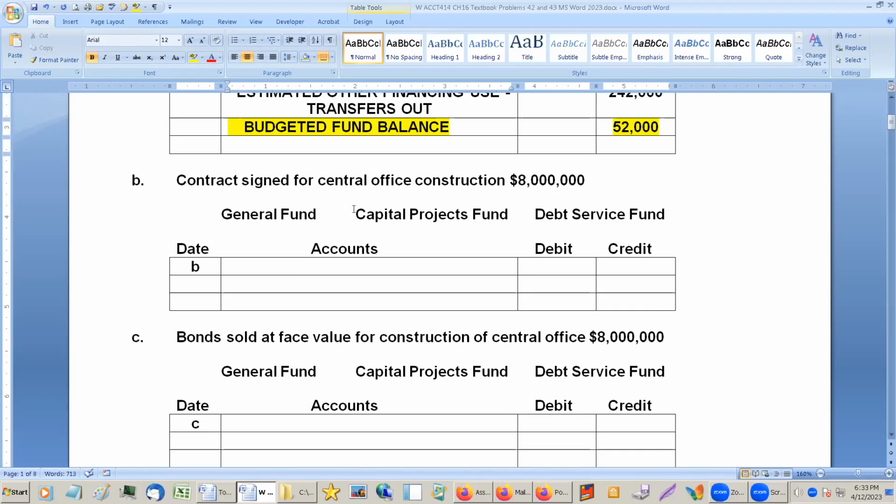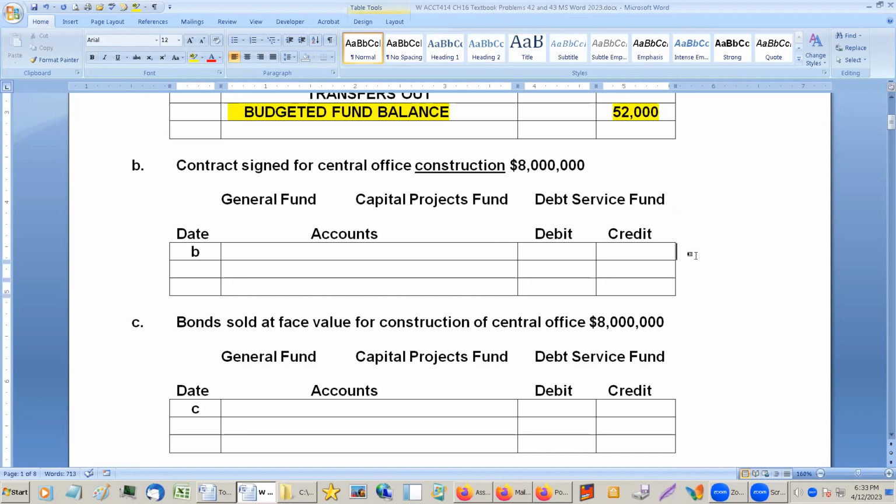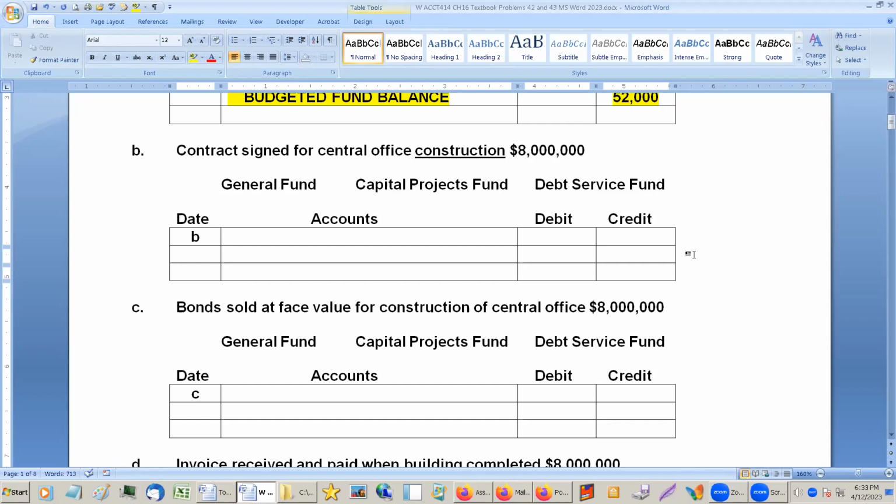B, contract signed for central office construction. What fund are we probably going to look at for this? When we're going to build something, what fund do you think we use?